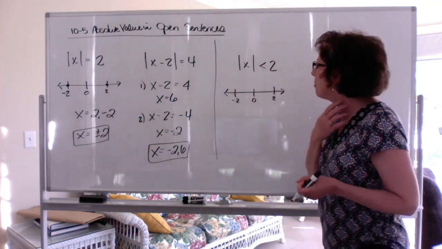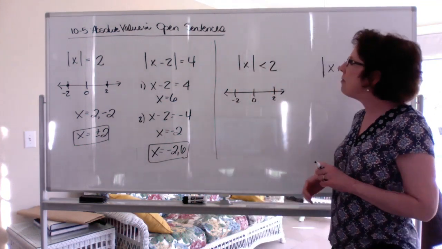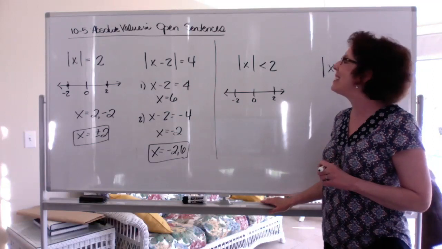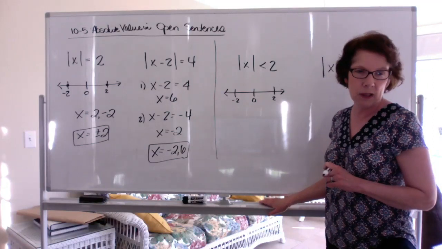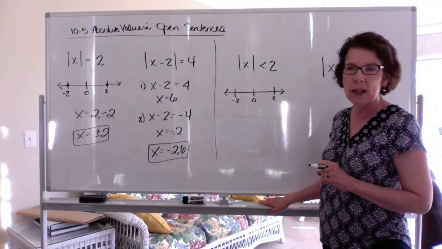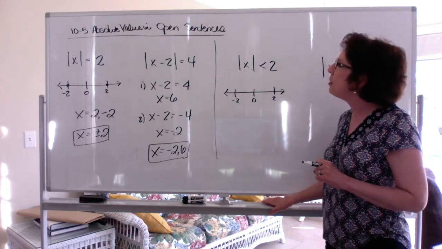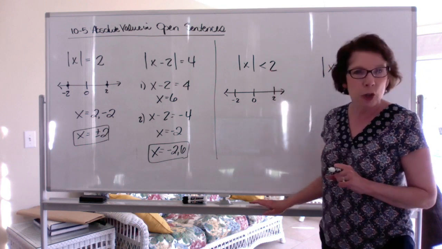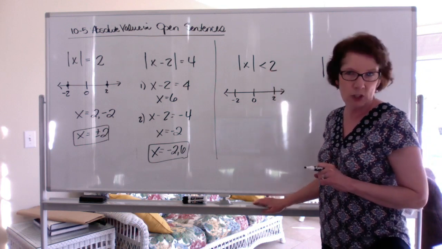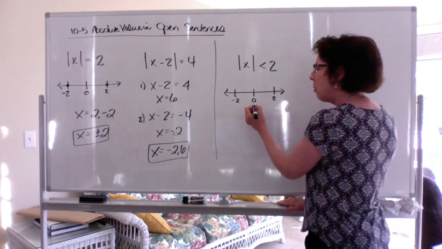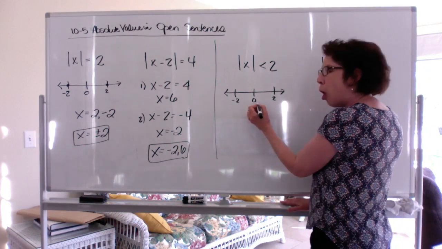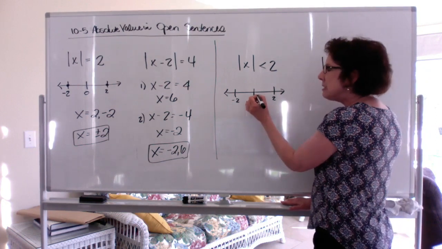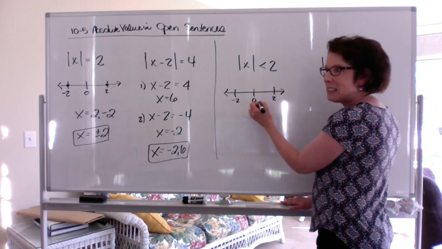Now, let's go to something a little bit trickier. What if the absolute value of x is less than 2? Less than 2, we have an inequality. So I want to find all numbers on the number line whose value is less than 2 units from the origin. Okay, so here's my origin, and I want to think of all the numbers whose distance from the origin is less than 2.